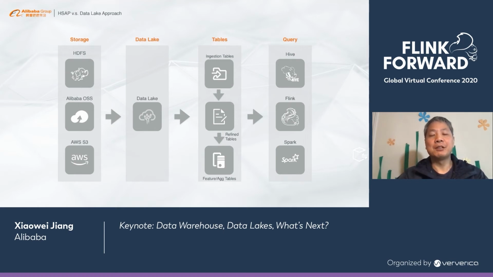We will need these serving queries to do streaming joins among a lot of other things. So in other words, the data lake approach is a macro batch solution to the complexity problem of a Lambda architecture. On the other hand, HSAP is a true end-to-end streaming solution to the same problem.